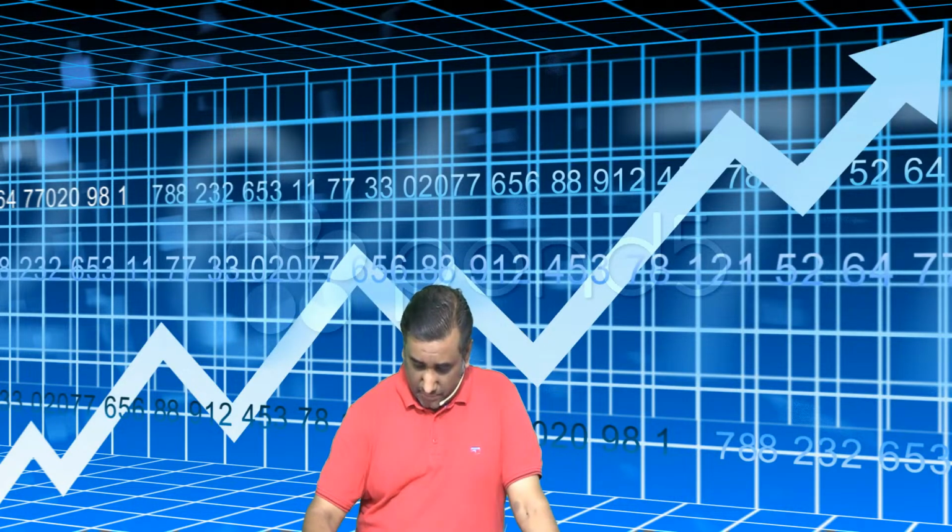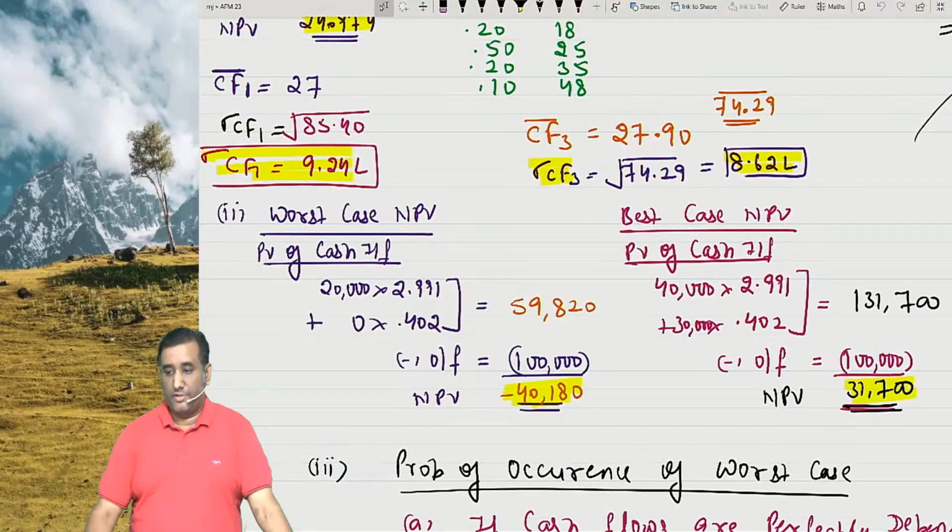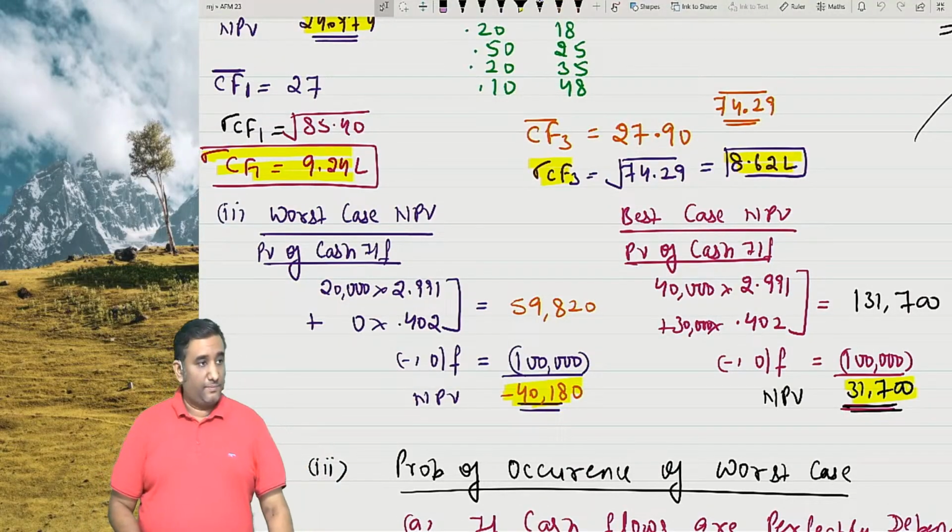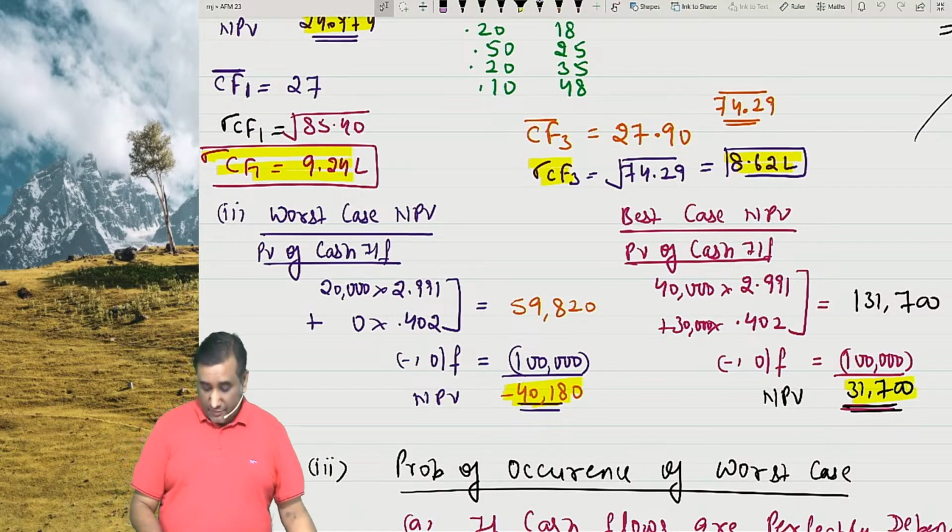Best case is 31,700. Is fine. Last part, let's read further.